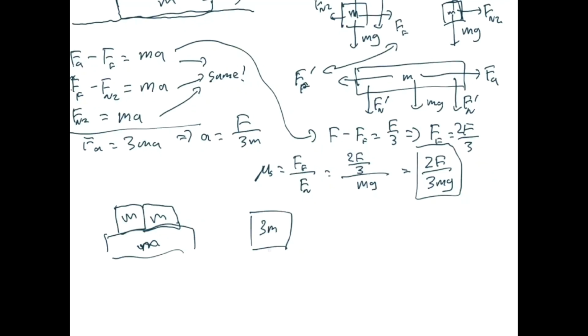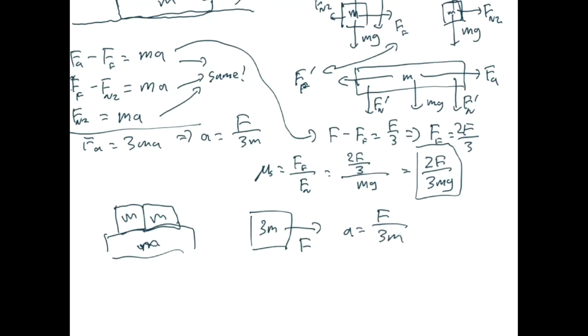And this is because if they're not sliding, as I said, they have to be moving together. So they're equivalent to just one big box. And we know that the net external force on it is just F. So we can immediately get the acceleration, which is F over 3m.